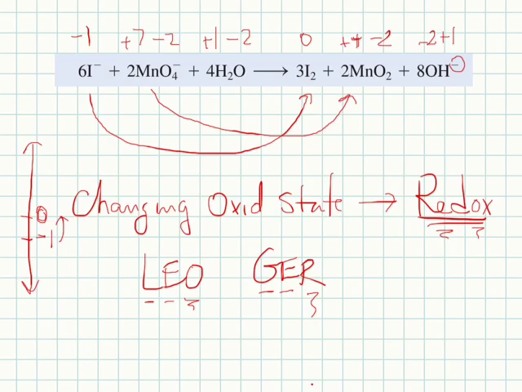Well, the answer is you're losing negatives. If you take away negatives, your charge, your oxidation state, gets larger. So since electrons are negatives, the fact that you went from -1 up to 0 means that you lost 1 electron. And losing electrons, Leo the lion, is oxidation.